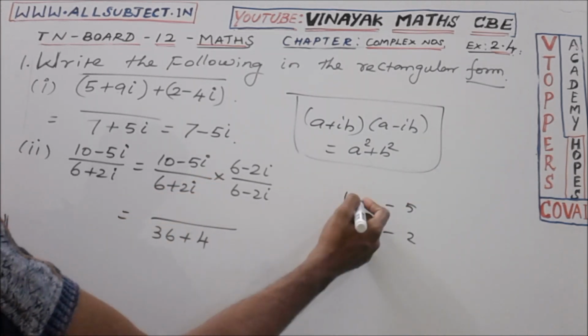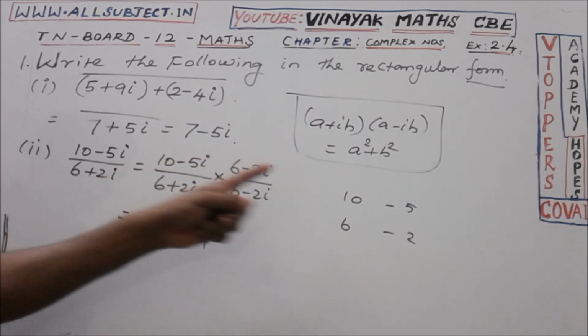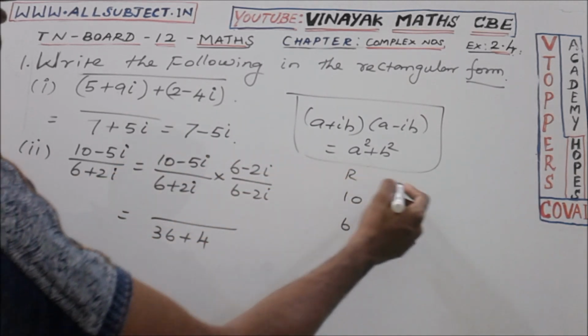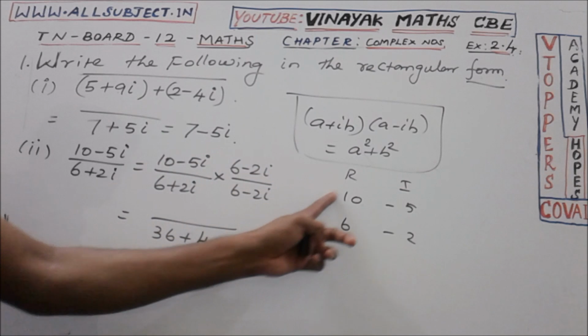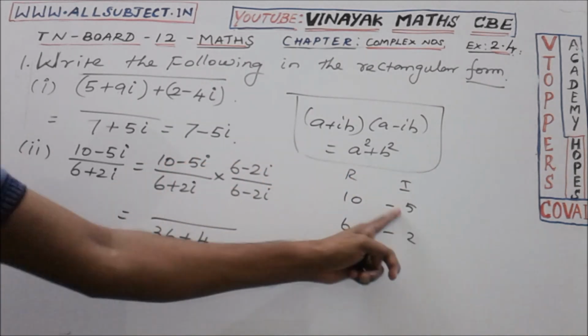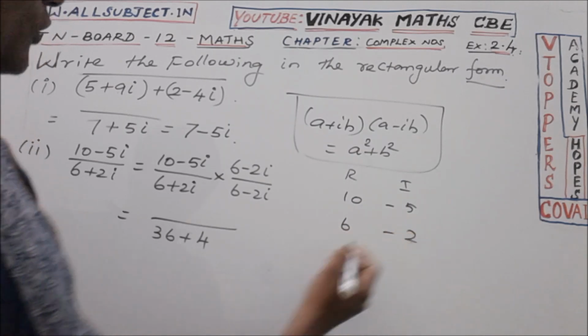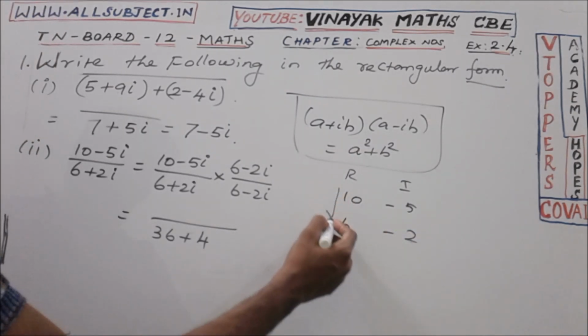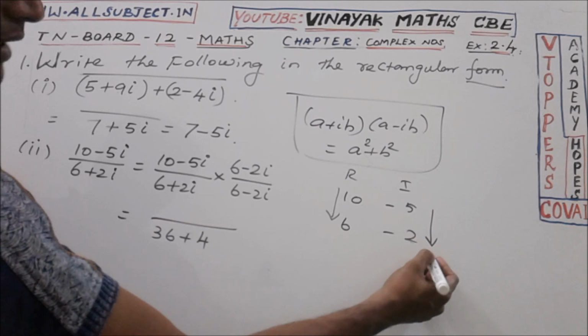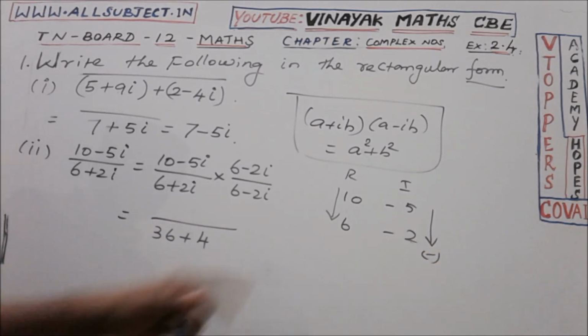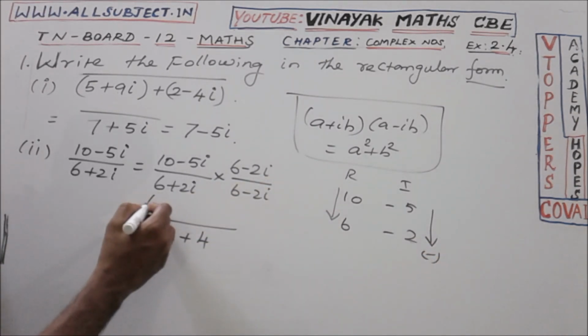This is an easy way. Write like this. Write the first, this is the real part and here is the imaginary part. Real and imaginary of the first complex number are 10 and minus 5. The second complex number is 6 and minus 2. Now multiply. First multiply real to real and imaginary to imaginary, and change its sign. Multiply real to real, 60.